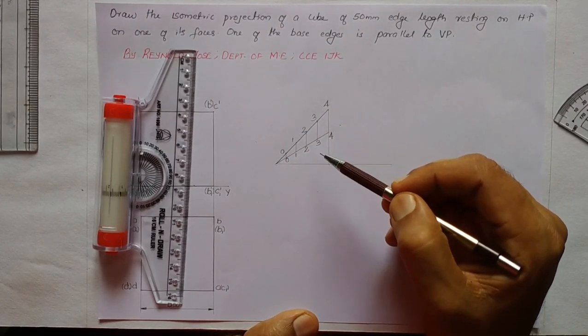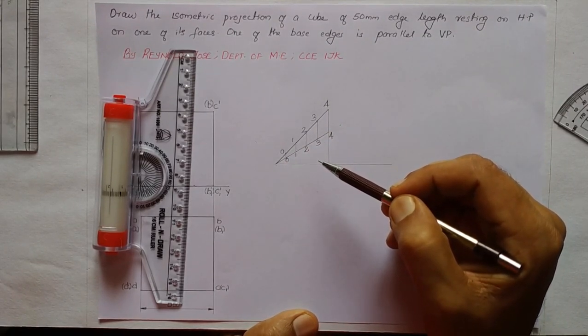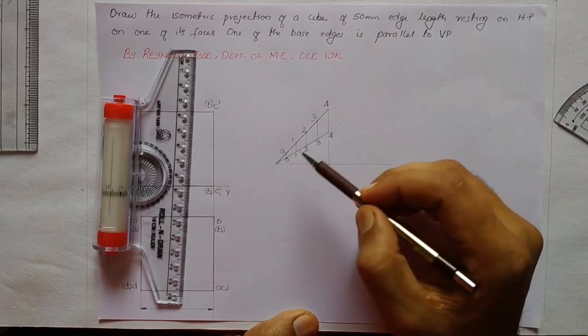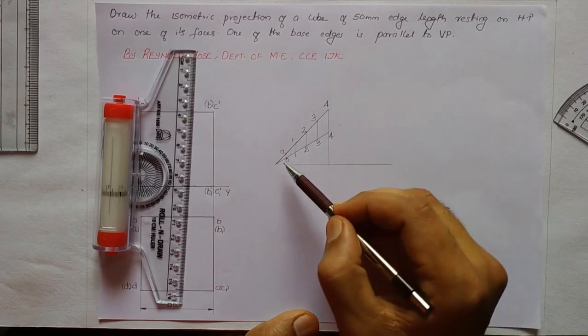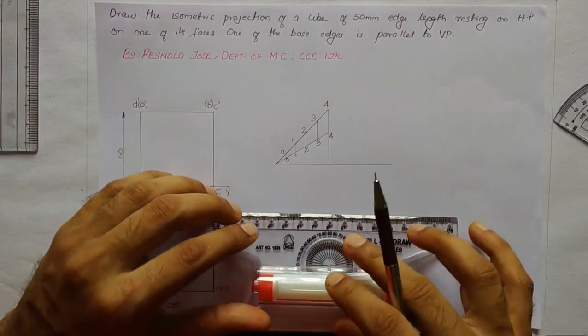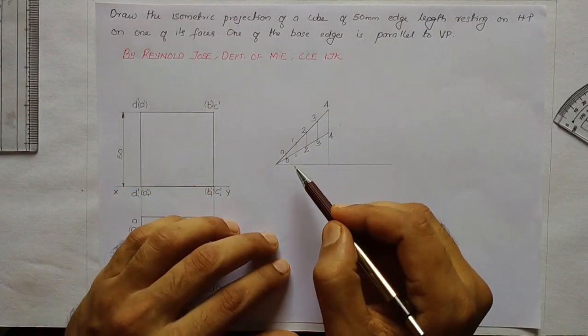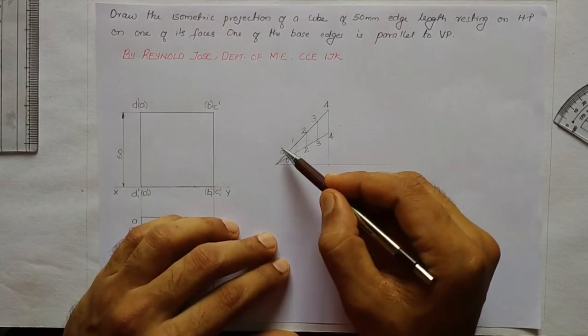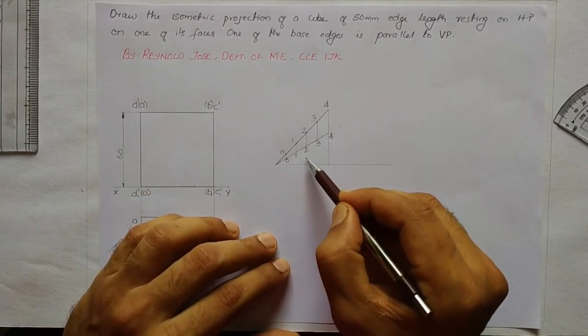If you need to take the isometric length which corresponds to the actual true length of 50 mm, you can just measure this dimension. It will be approximately equal to 41. Now we shall mark the angles and write here true length. Here this is isometric length.